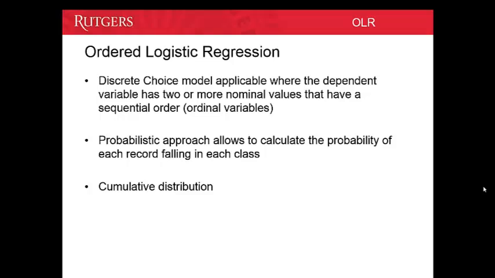So the ordered logistic regression model is a nonlinear model that can be applied in cases where the dependent variable has more than 2 values that have a sequential order. The distribution of a logit model is again cumulative, and the event of the ordinal logistic regression model is cumulative rather than individual values.